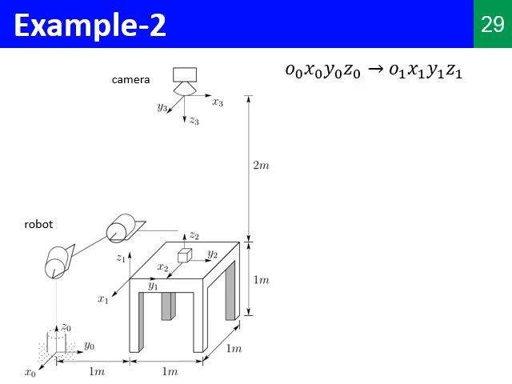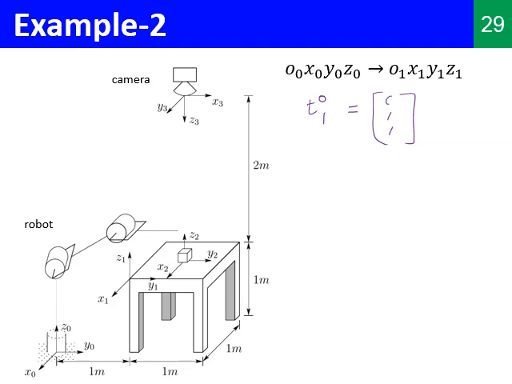First, we are going to find the homogeneous transformation matrix between frame 0 and frame 1. So for that, we need T01. Okay, so the translation between frame 0 and frame 1. So you can see there's 1 meter translation in y direction and 1 meter translation in z direction.